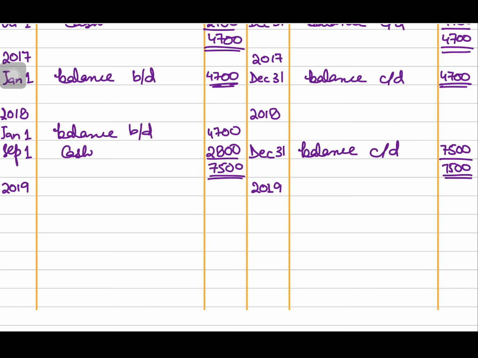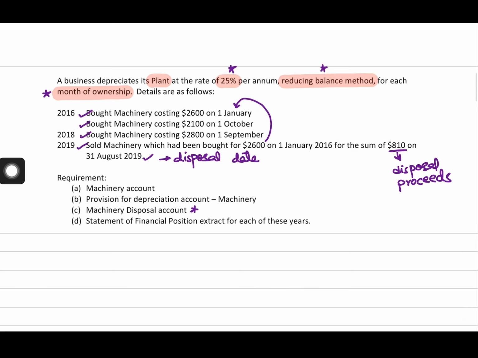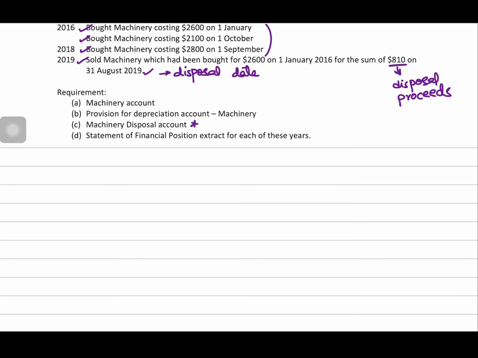This is the year in which there is a disposal. So let's first write down the balance brought down, 7500, right? If there had been any more purchases of non-current assets of machinery, we would have debited it. But what is happening in 2019? We are selling a machinery which had a cost of 2600. Okay, so we know what is the double entry to remove the cost of non-current asset from the non-current asset cost account? We debit the disposal account with the cost.